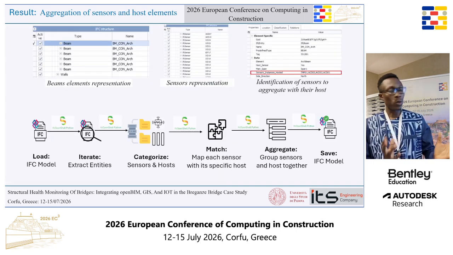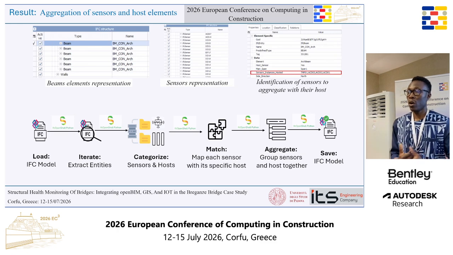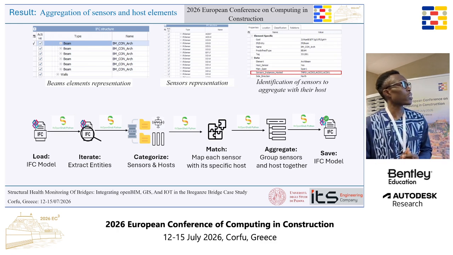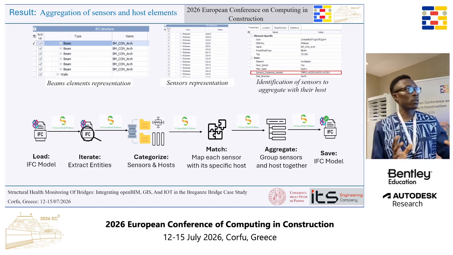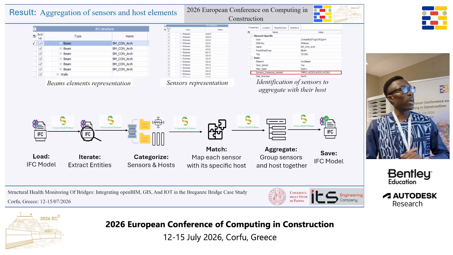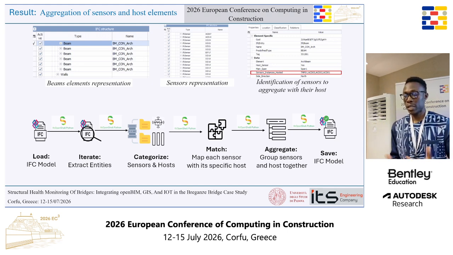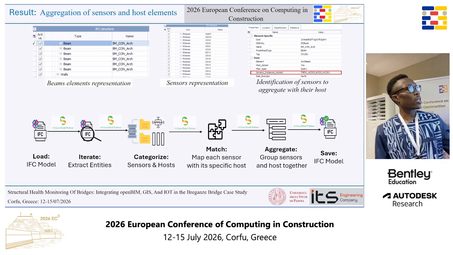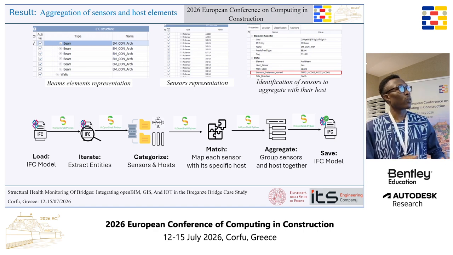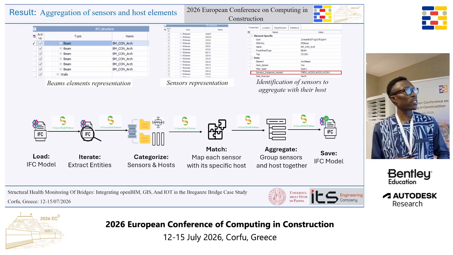Moving to the grouping of the sensors with the host element, we can clearly see at the beginning that the BIM element and the sensor were separate in the model. Then the idea that we got is to insert in the host element the sensor's name. For each host, we have the sensor's name.